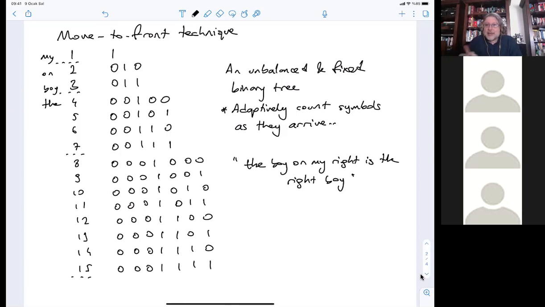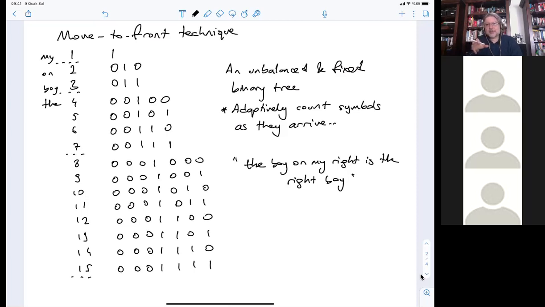And the decoder, meanwhile, is also constructing the same dictionary, because it first received "the," so the decoder puts it at the top, and then comes a new symbol, which is "boy." So boy is a new symbol. It is on the top. The is pushed down. Then came "on." So on is pushed to the top.